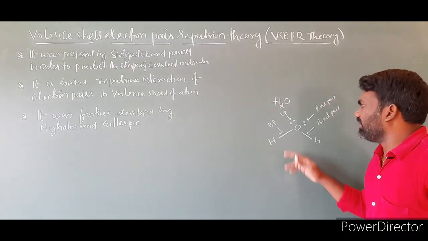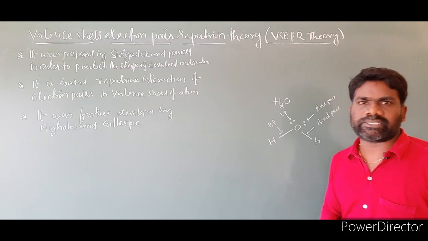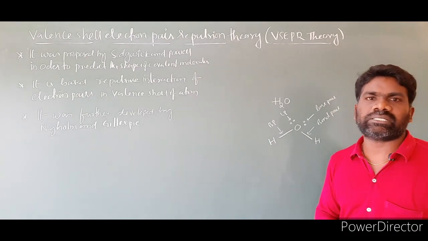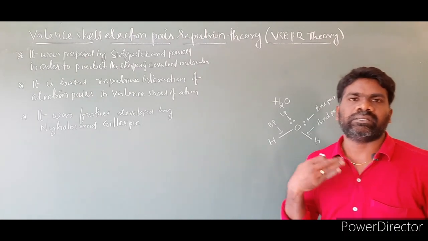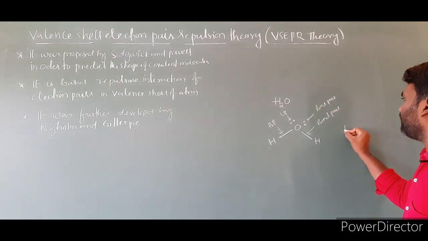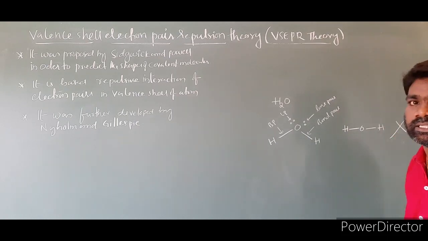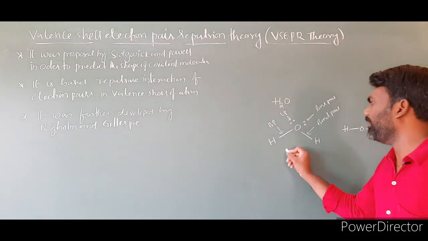Point number 3: the electron pairs tend to occupy such positions in space that minimize the repulsion and maximize the separation between them. Here I am drawing the water molecule as linear, but actually the water molecule is not linear. This is wrong. The water molecule is bent.